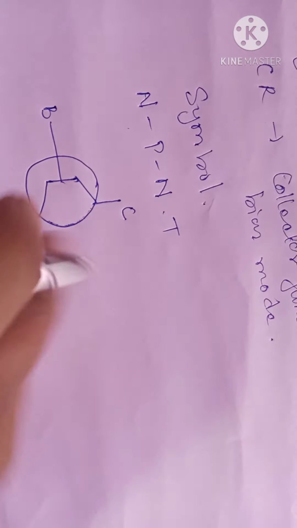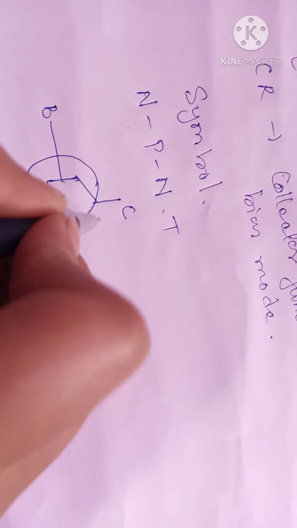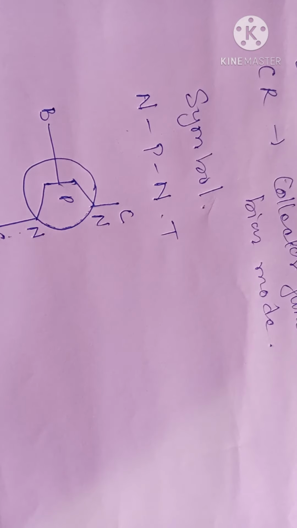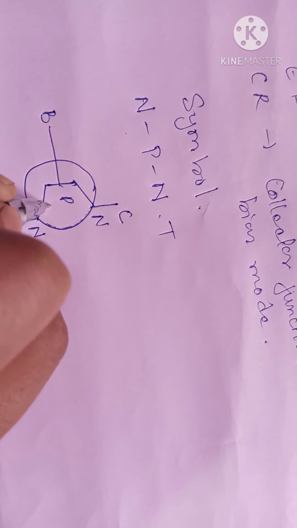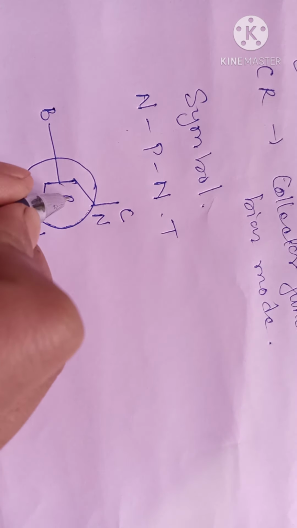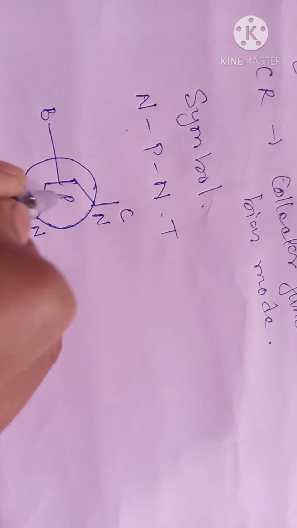The arrow will be like this because current always goes from positive to negative.